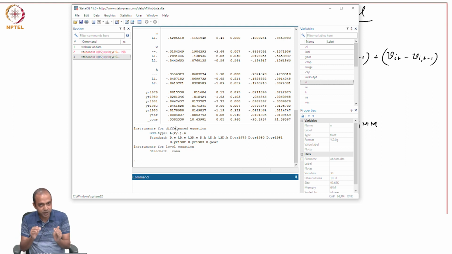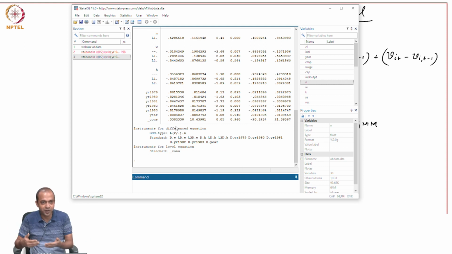But we explained that difference GMM has a shortcoming because we are using lag of level Y(i,t-2) as an instrument for variables which are in differenced form.